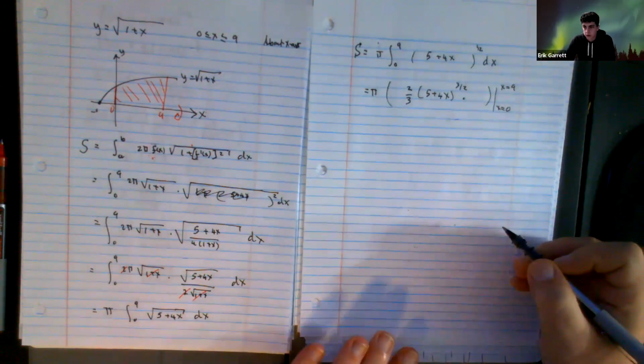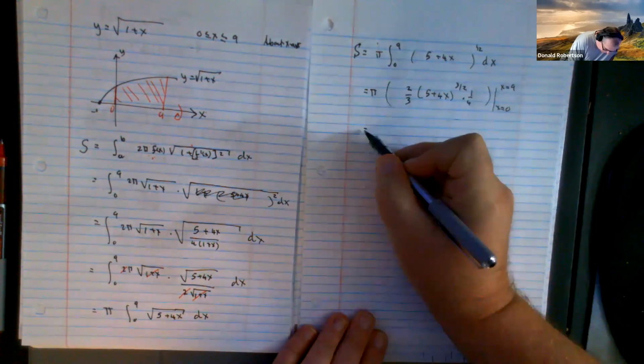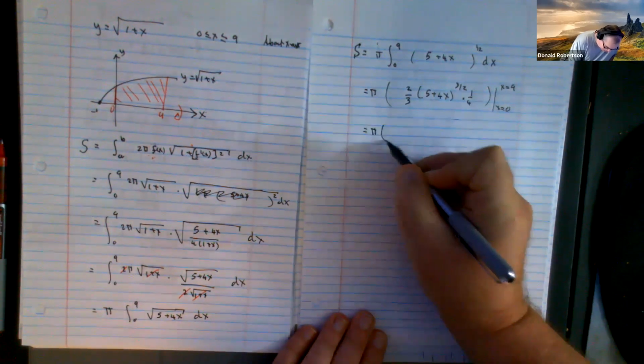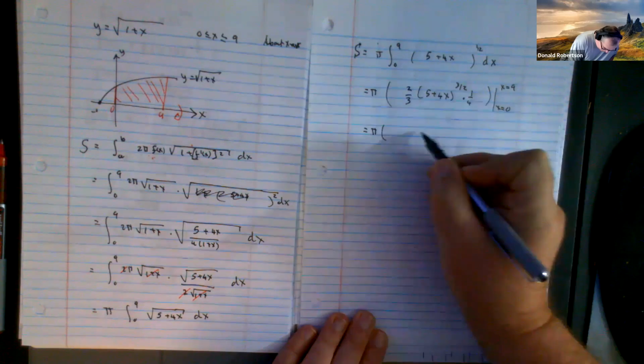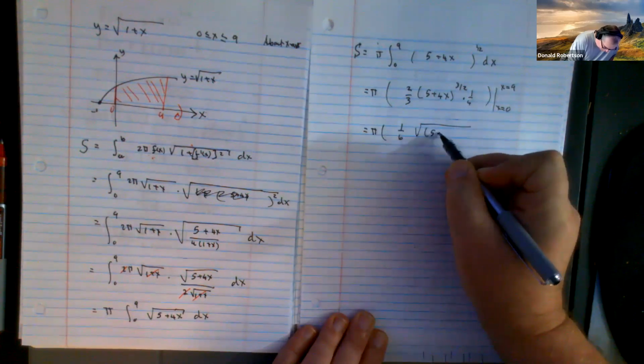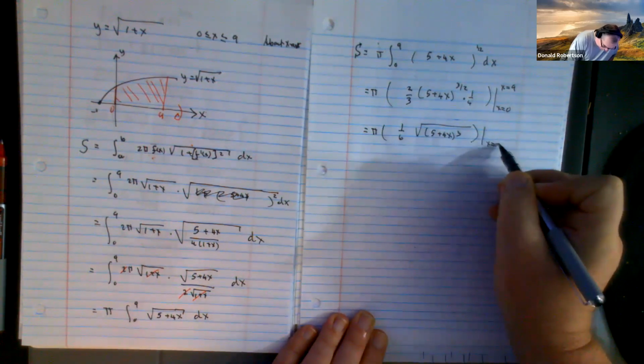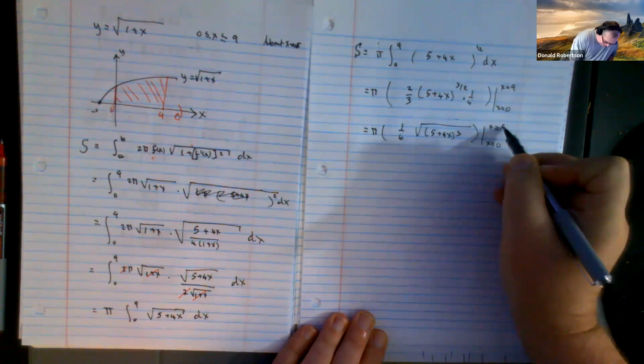A quarter. All right. So all I'm doing in the next few lines is trying to make this pretty. That partially cancels and I get a 6. That guy is the square root of 5 plus 4x cubed, evaluated at x equals 0 to x equals 9.